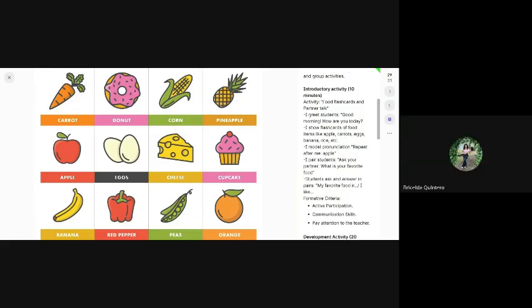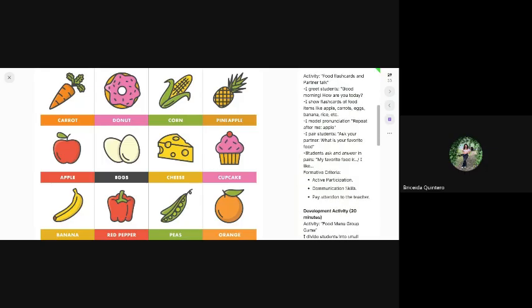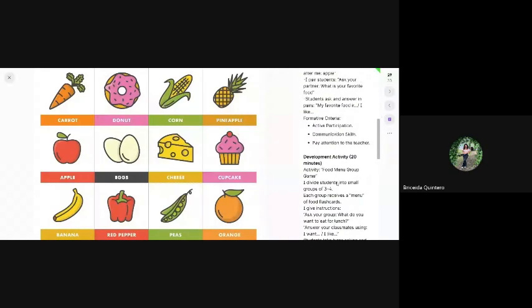In the warm-up, which is about 20 minutes, the activity is food flashcards and partner talk. That's the reason I put images of carrot, donut, corn, pineapple, apple, eggs, etc. I start by greeting my students: good morning, good afternoon, how are you?